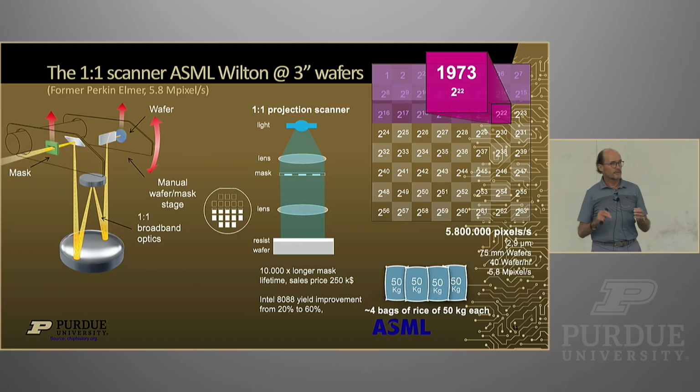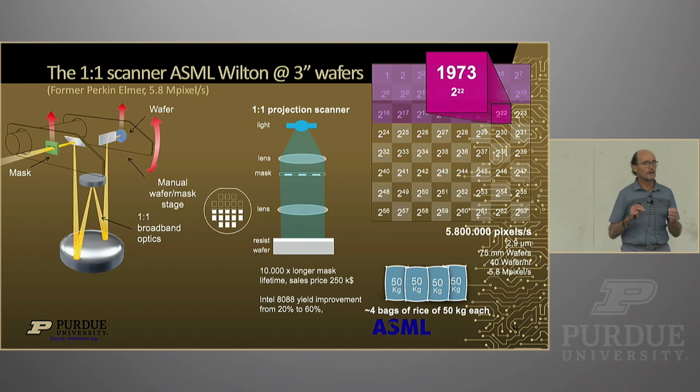The latest ASML scanners can do 400 wafers per hour. And of course, in the meantime, the patterns have become much, much smaller. But at that time already, we were now able to transfer about 5.8 million pieces of information every second by doing optical lithography.